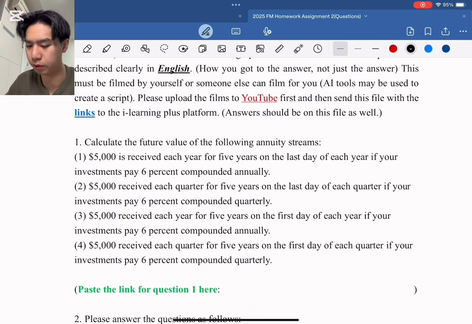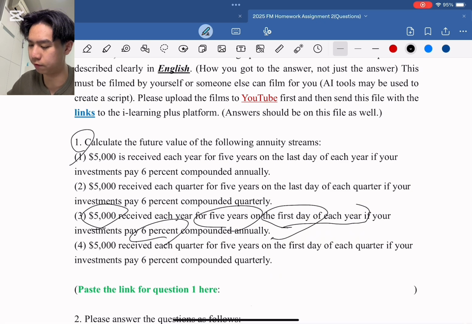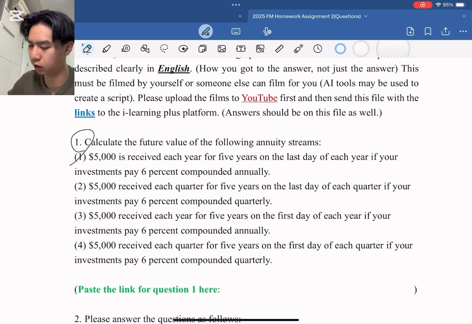We check the information: receive 5,000 each year, for 5 years, at 6%. This is the same as the first question, but the difference is we receive the money on the first day of each year.